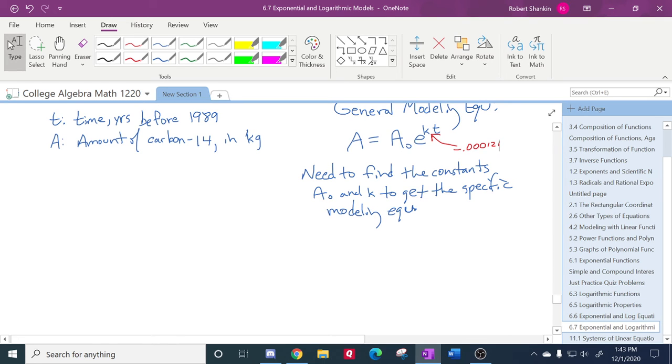If we replace the k with that number, we come out with this modeling equation.